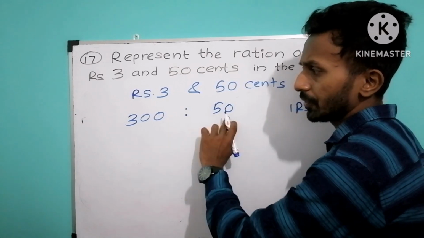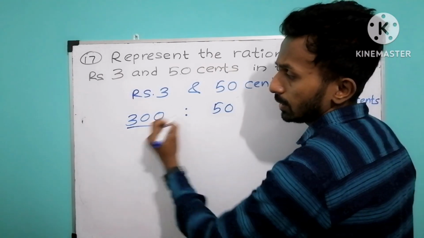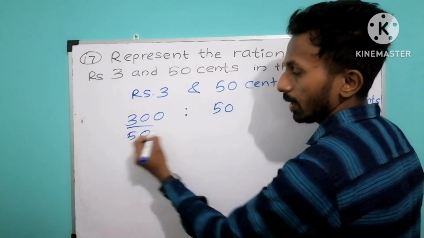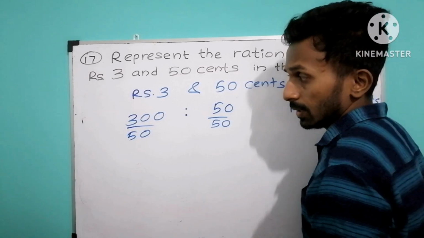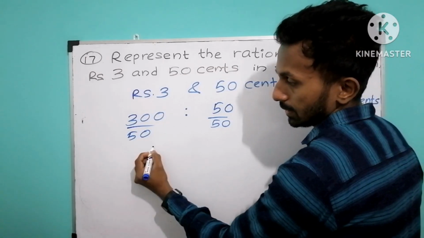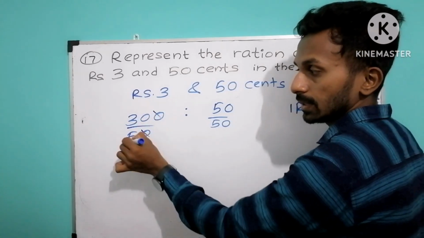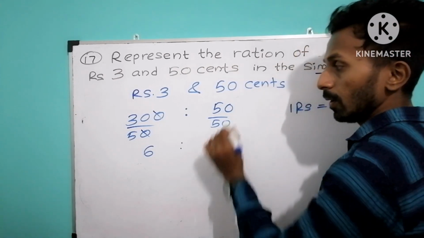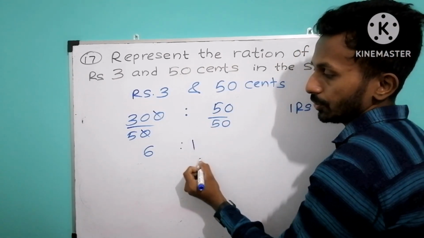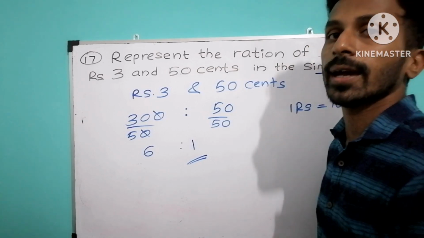You all know 50 and 300, both values are divisible by 50. Then divide by 50. 300 divided by 50, 6. 50 divided by 50, 1. Your answer is 6 is to 1.